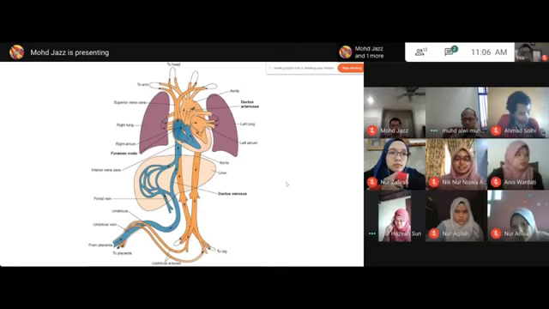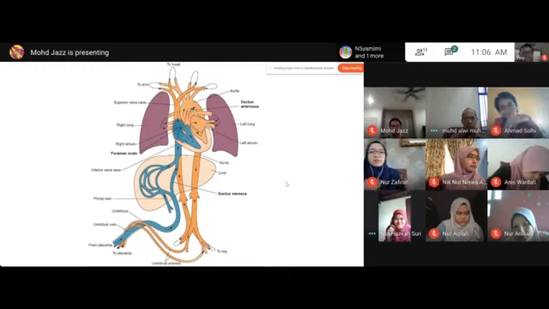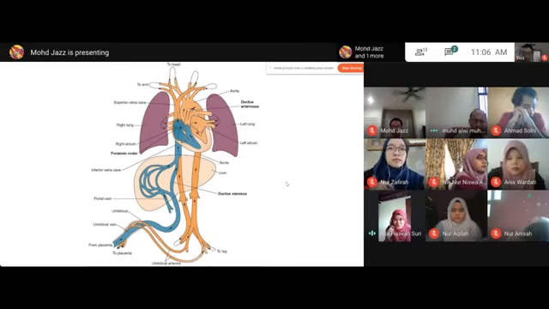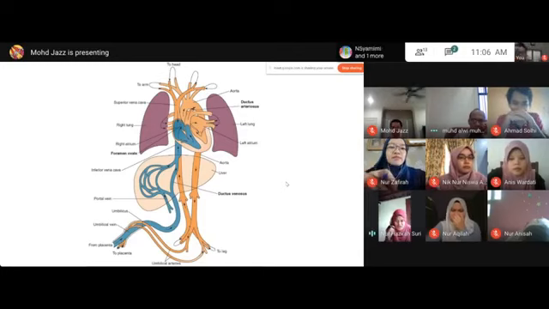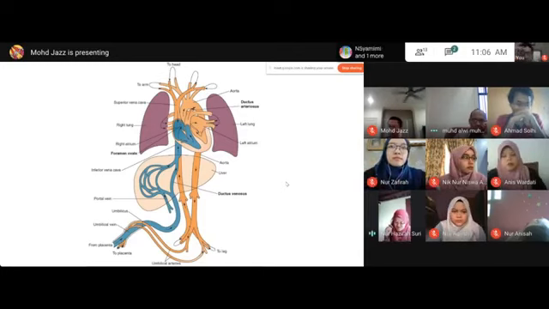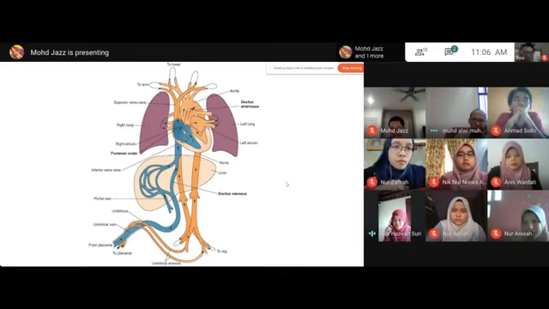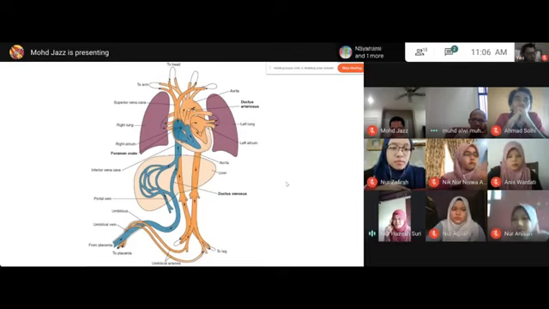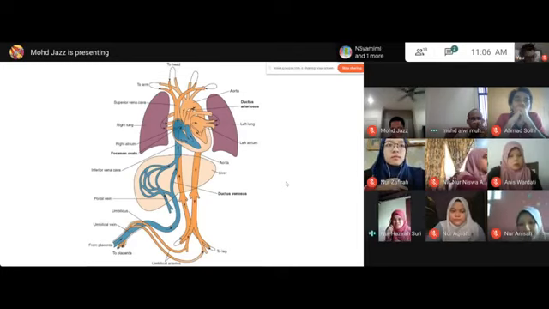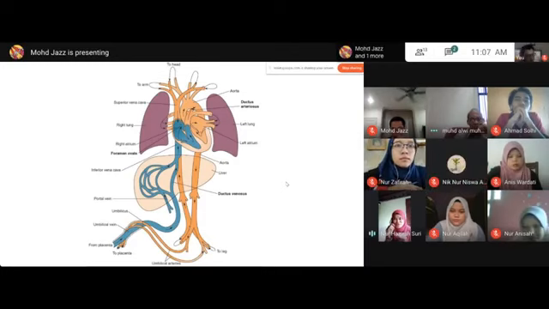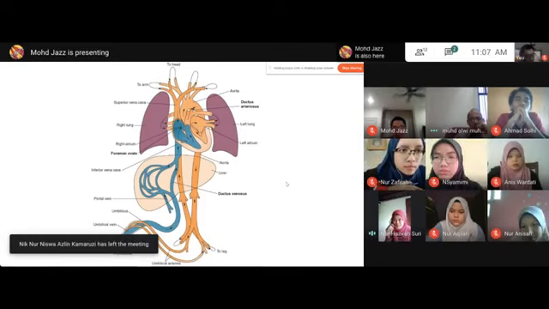So in the fetus, instead of the lungs, the placenta plays the role for the gas exchange and also for the nutrients to the fetus. So the lungs do not provide the gas exchange. So the pulmonary vessels will be vasoconstricted, diverting the blood away from the pulmonary circulation. So the placenta is the most important part in playing the role in gas exchange.